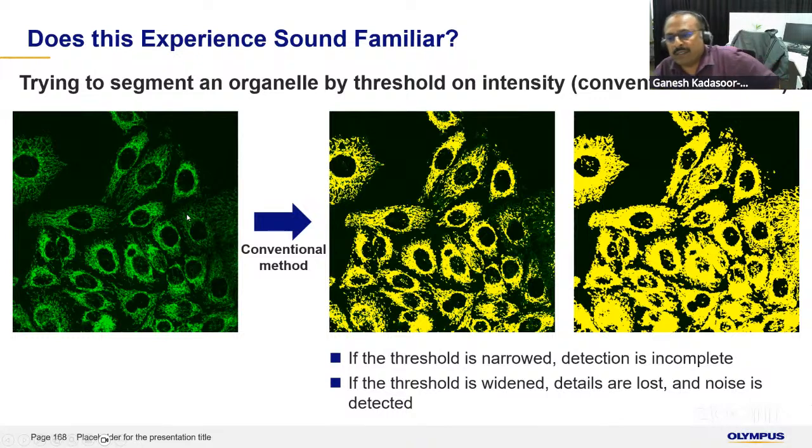Now I tell my computer, considering some amount of noise between 0 and 100, show me all those regions which show an intensity between 100 and 4000. It automatically picks up all those regions. This is called segmentation by intensity.